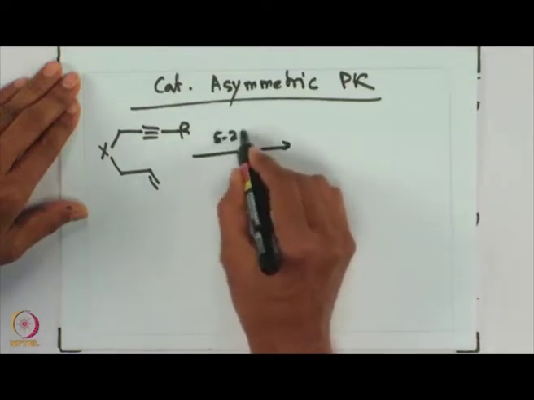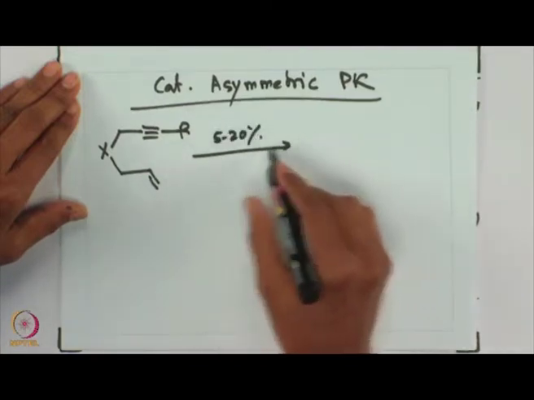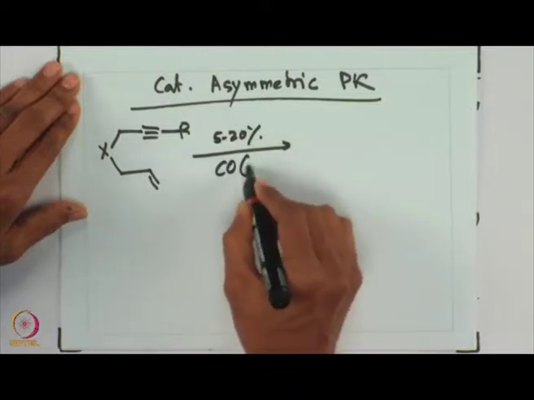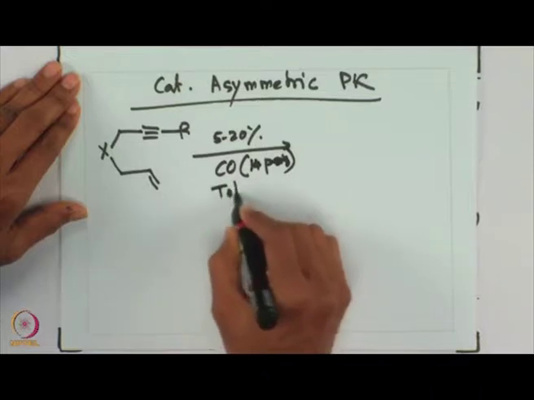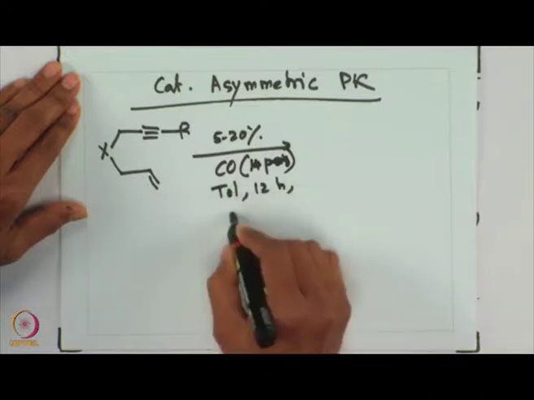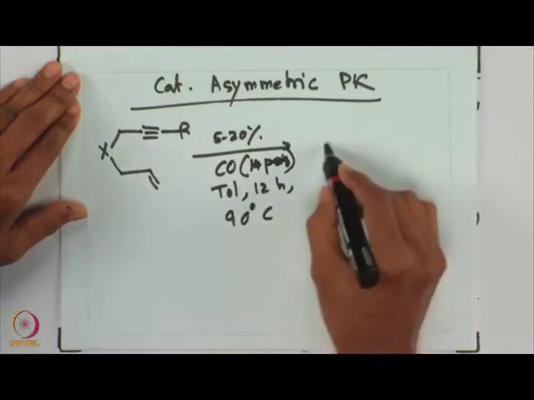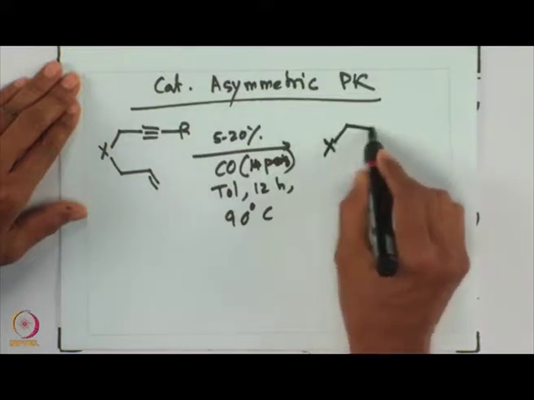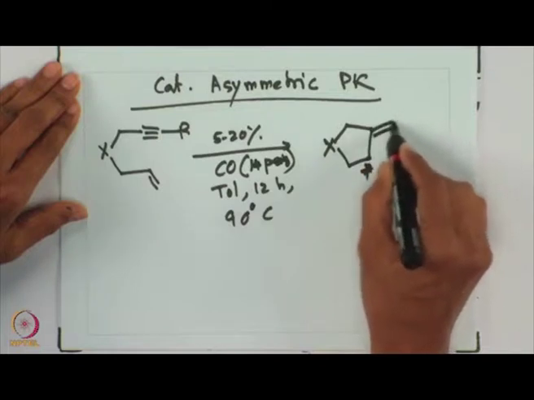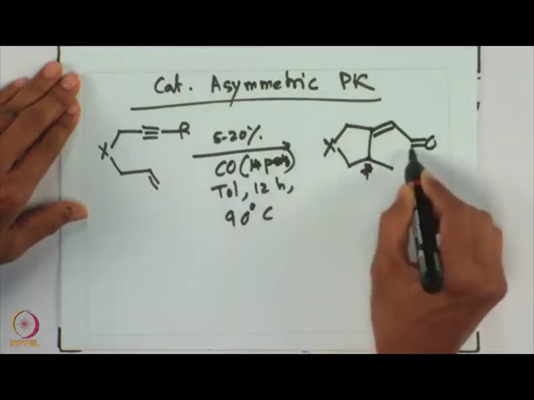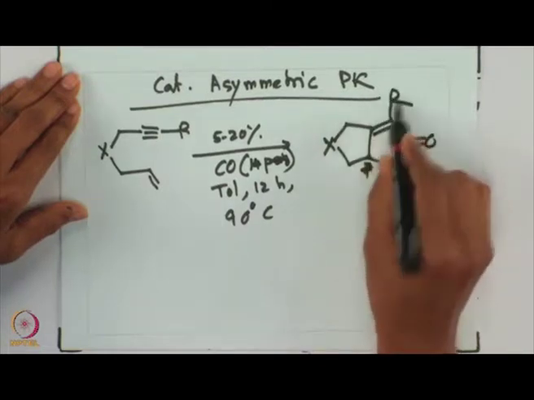You take 5 to 20% of the titanocene complex and CO 14 psi, toluene and 12 hour 90 degree C, you get the stereocenter that could be generated right over here, and then cyclopentanone can be generated from this product quite efficiently.